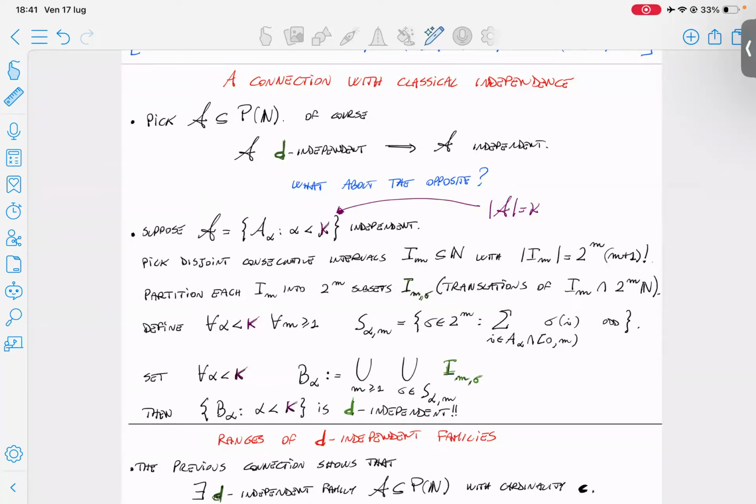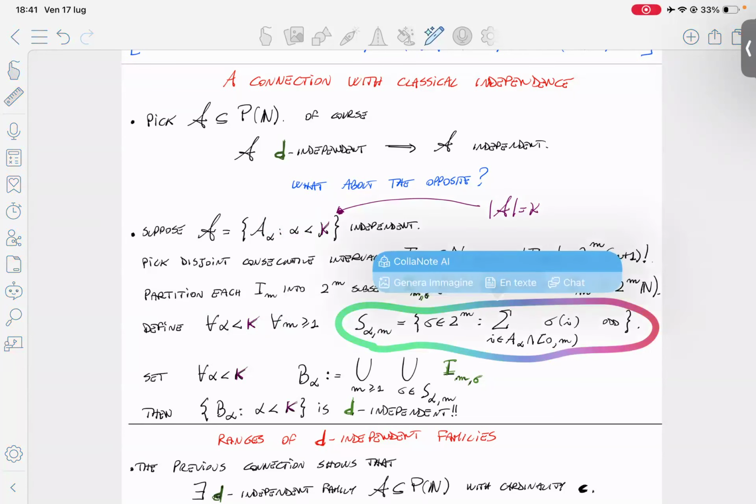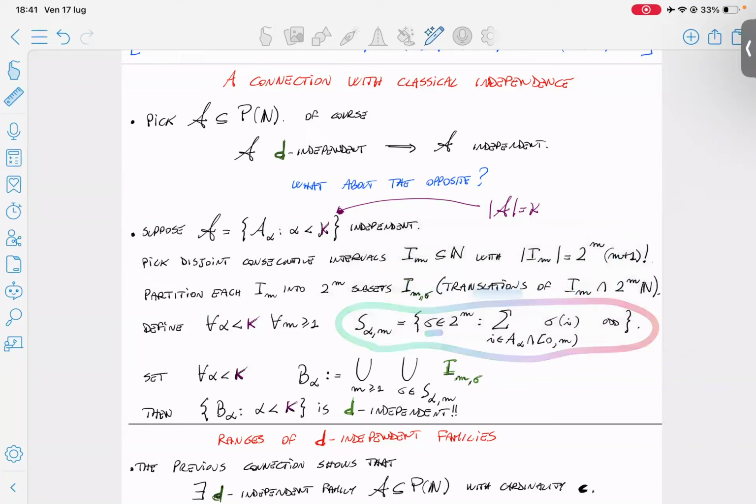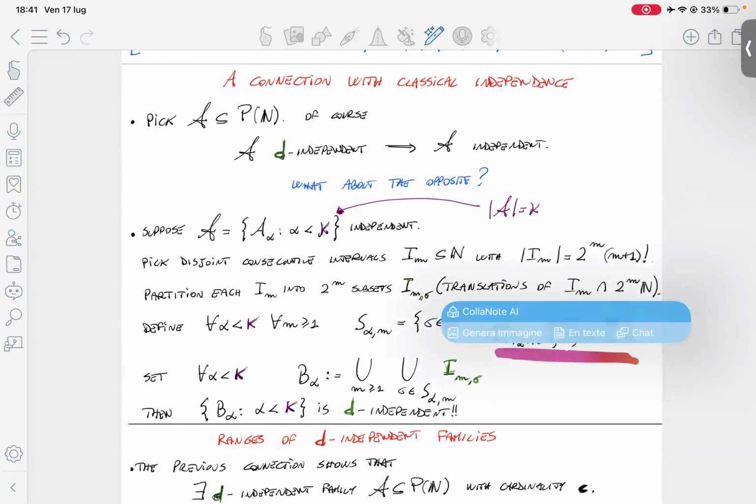So at this point, for every index alpha and for every integer m, we define this set A alpha m to be the set of finite sequences of 0 and 1 of length m for which this sum is odd.